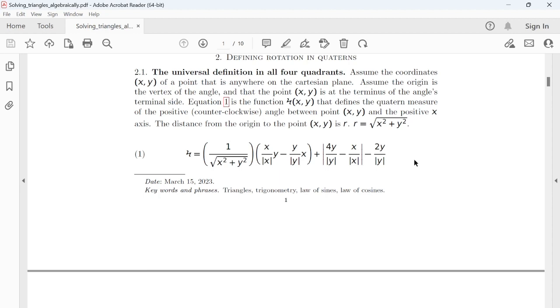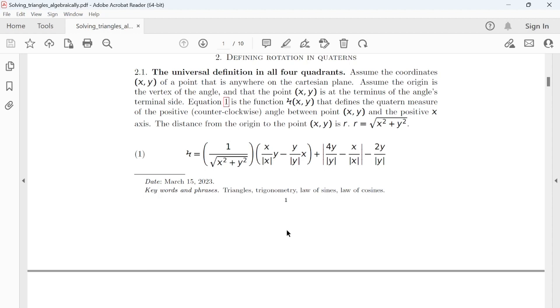all 4 quadrants. Now the formula looks intimidating, but it's really not, because whenever you see y over the absolute value of y, it just means the y-coordinate over the y-coordinate made positive. Absolute value just means make it positive. So these quantities, like y over absolute value of y, or x over absolute value of x, are all going to be either 1 or -1.